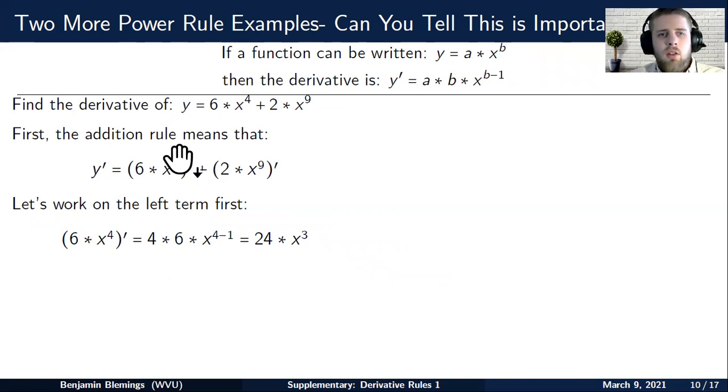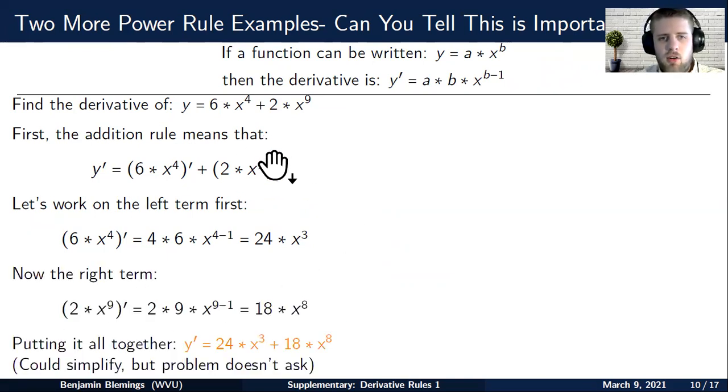And so let's work on the left term first, that is the derivative of 6 times x to the 4th. Well, what we need to do is take this 4 down and multiply it times 6, and then we need to take 4 minus 1, as the power rule states, and we can see that the derivative of 6 times x to the 4th equals 24 times x to the 3rd after simplifying.